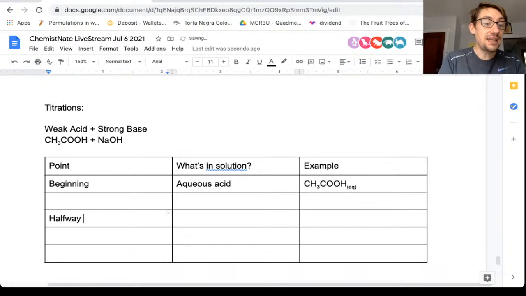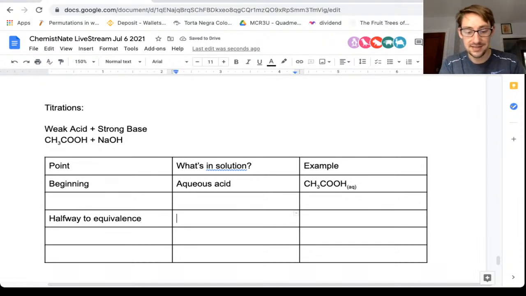The next major point in a titration is getting halfway to equivalence. And that's because you've therefore titrated away half of all the acid.